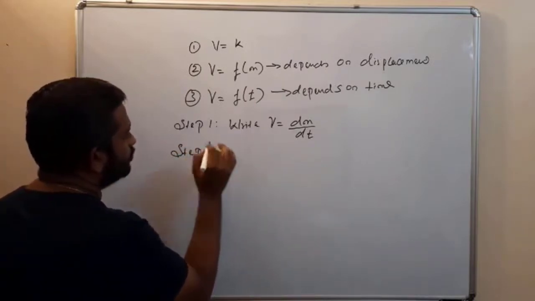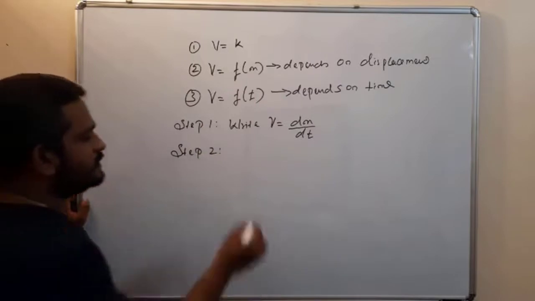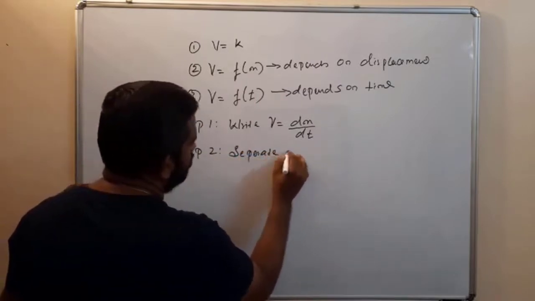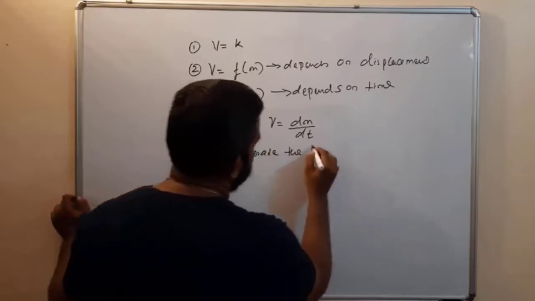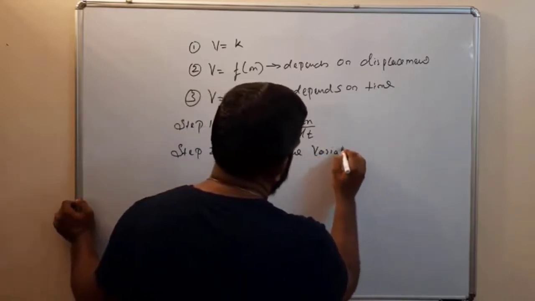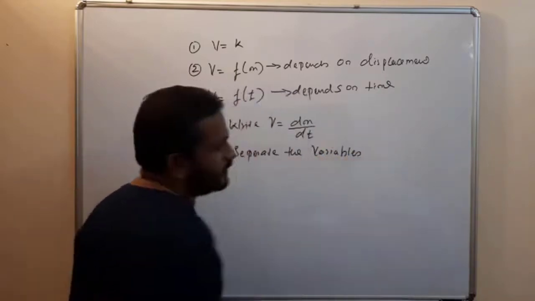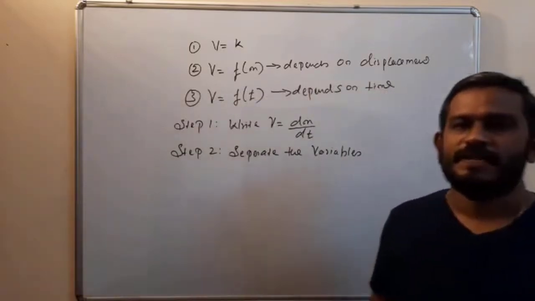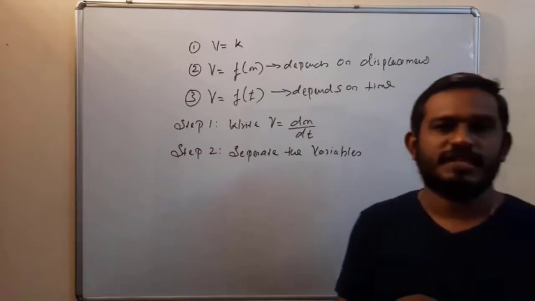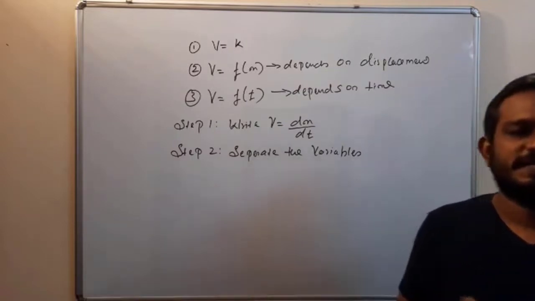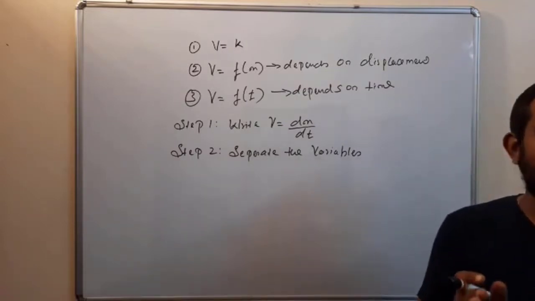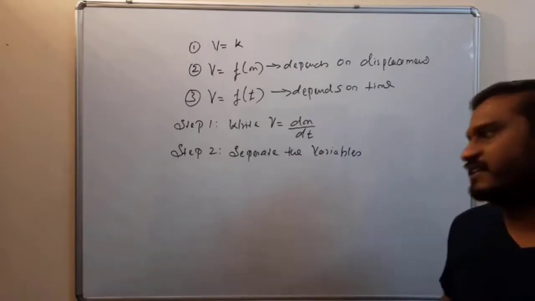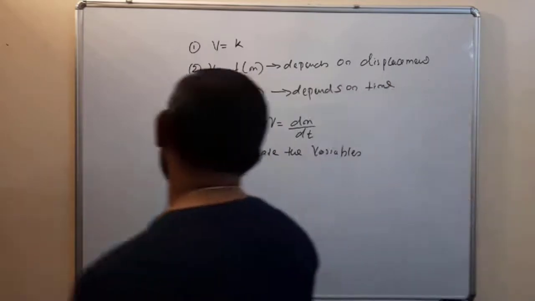Step 2: separate the variables. In the sense, suppose the differential equation contains x variables and t variables, separate all the x variables on one side and all the t variables on the other side.